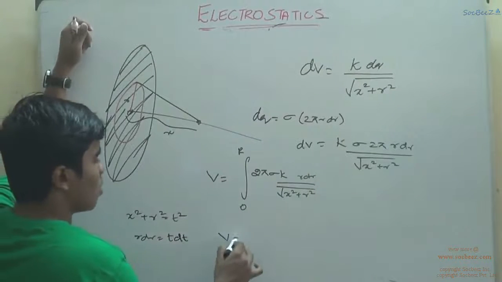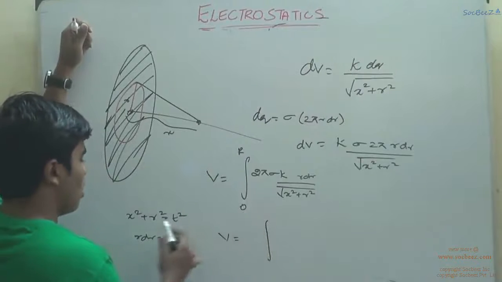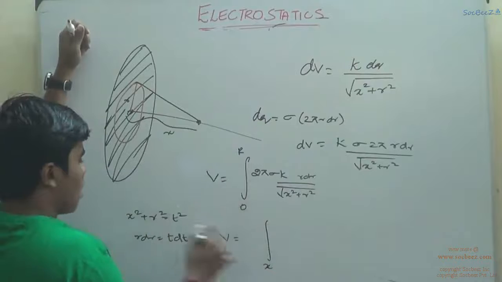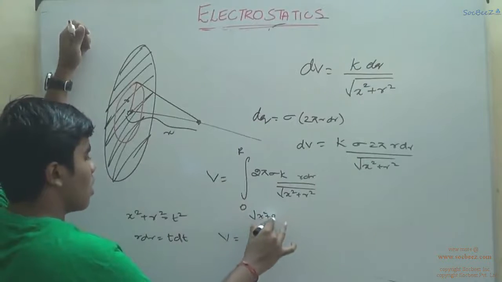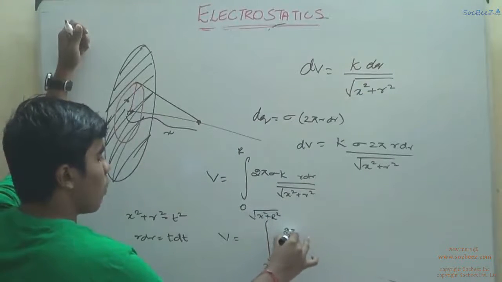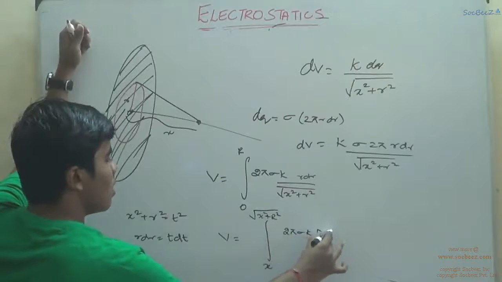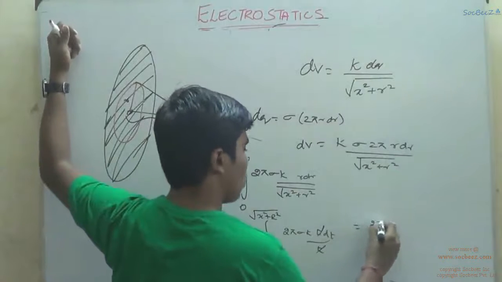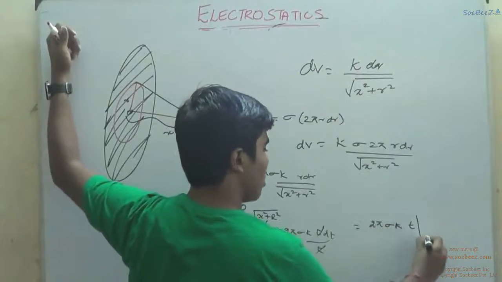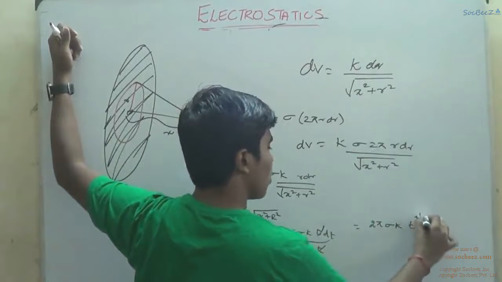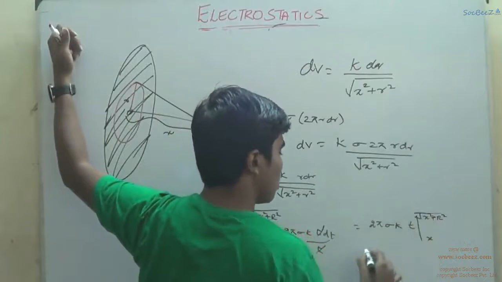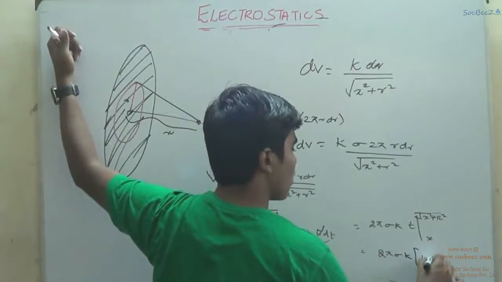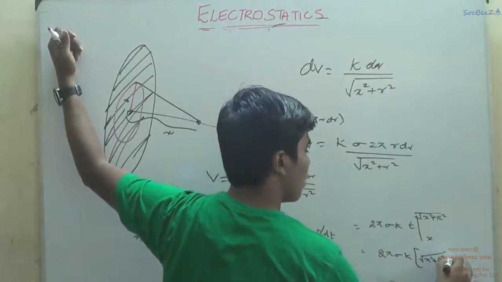When r is 0, t is x, and when r is capital R, t is under root of x square plus R square. This turns out to be 2 pi sigma k t dt by t. So this and this get cancelled. So this is equal to 2 pi sigma k times t, from x to root over x square plus R square. This is equal to 2 pi sigma k times root over x square plus R square minus x.